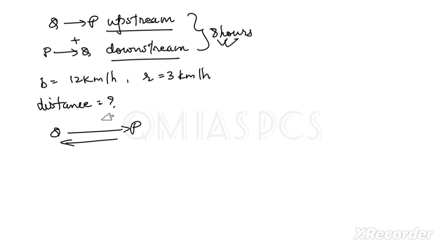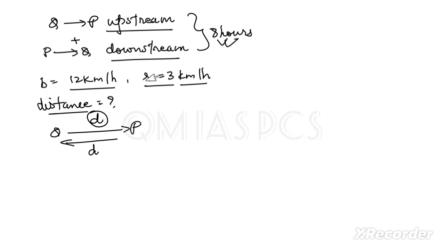The distance will be the same while returning, so if I say the distance is d for q to p, it will be the same. The speed of the boat is 12 kilometer per hour, and the river speed is 3 kilometer per hour. We have to find the distance between q and p. So we have considered the distance as d.